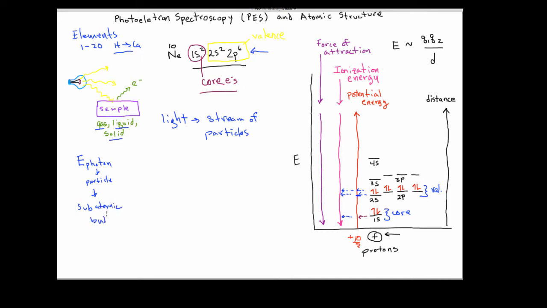I like using the analogy of bullets because most people have a concept of a bullet. So you can think of a light wave as a stream of subatomic bullets, and the energy of these bullets equals the product of two constants divided by the wavelength.